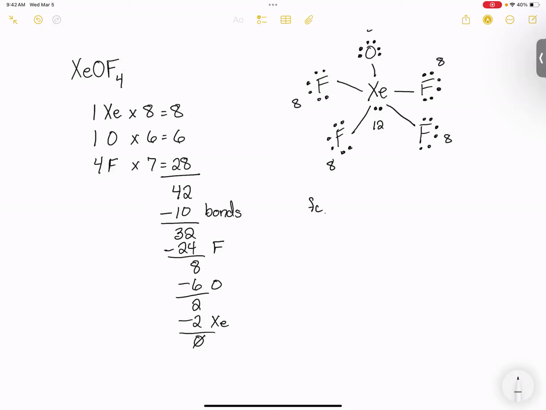We're going to do formal charge for our fluorines first. Fluorine is in group 17. The last digit is 7, so it has 7 valence electrons. From that, we're going to subtract 1 for every bond. There is 1 bond on the fluorine, and 1 for every lone electron. There are 6. So each fluorine has a formal charge of 0.